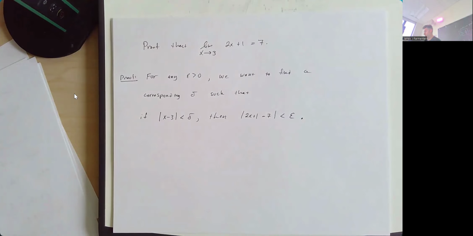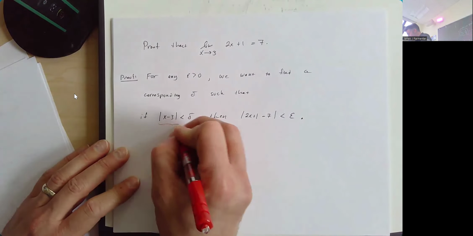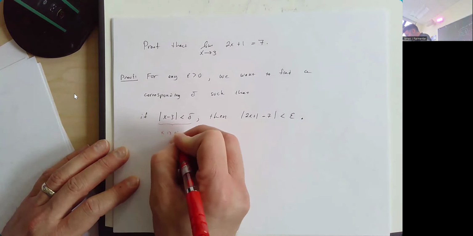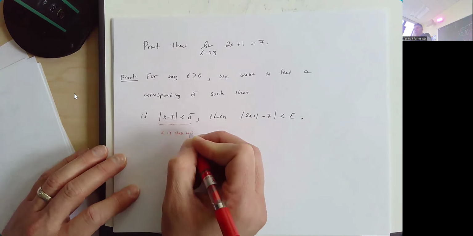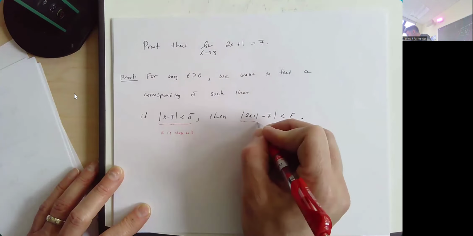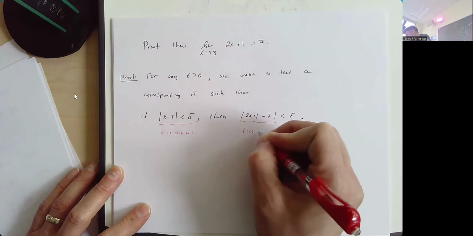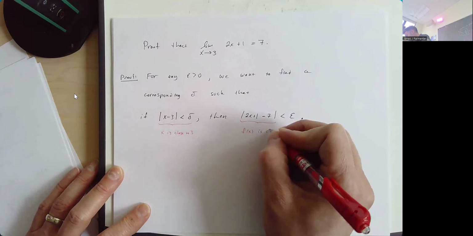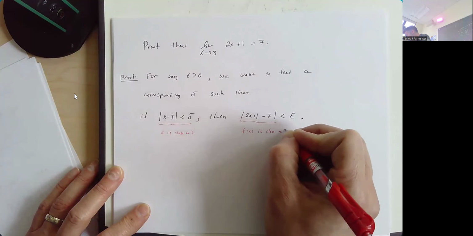All this really says is that if x is really close to 3, if we make x close enough to 3, then we can get f of x close to 7, as close to 7 as we want.